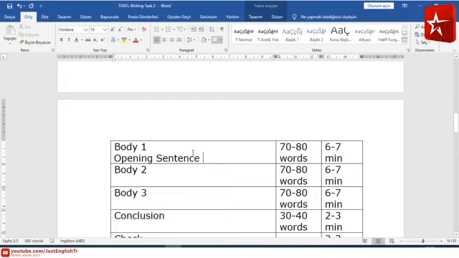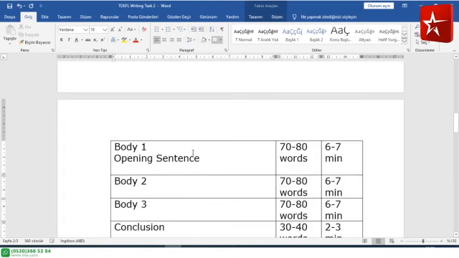Imagine you are reading only one paragraph, and with the first sentence of the paragraph, you should understand which paragraph you are reading. So there should be something like "the first," or "to start." The reader understands that this is the first body paragraph of your essay. So we need to have an opening sentence.